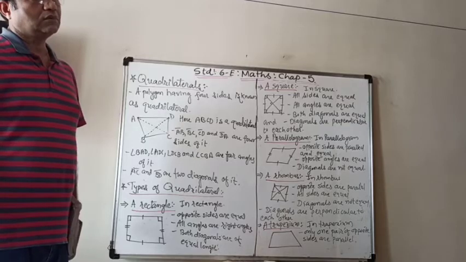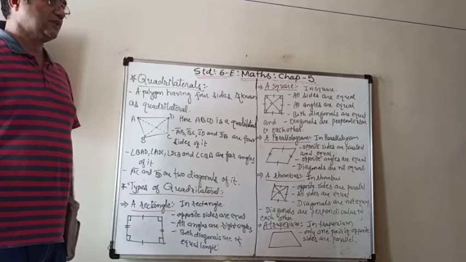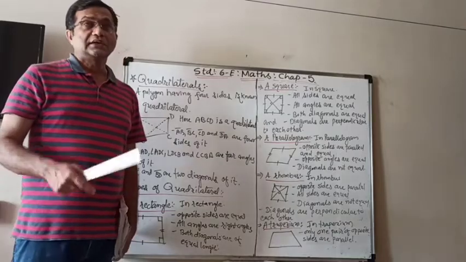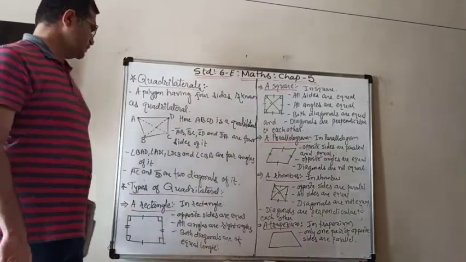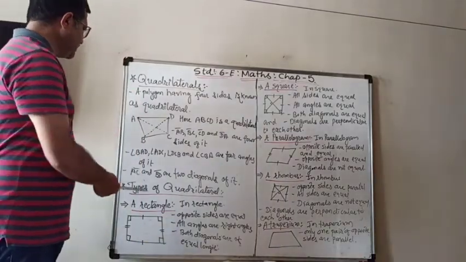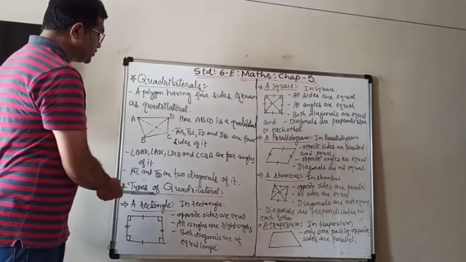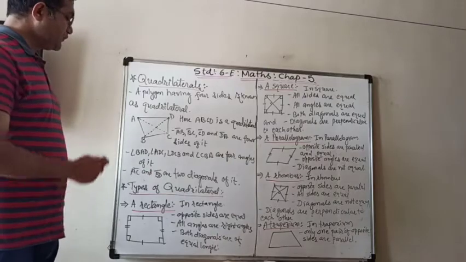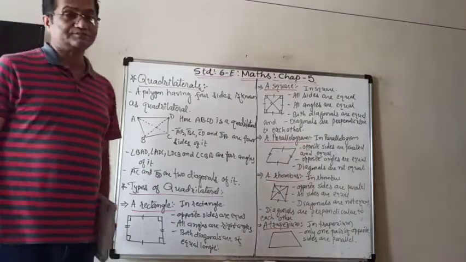Now, the quadrilaterals are of special types also. In quadrilaterals, we find different types. So we are going to learn about the types of quadrilateral now. First is the rectangle.